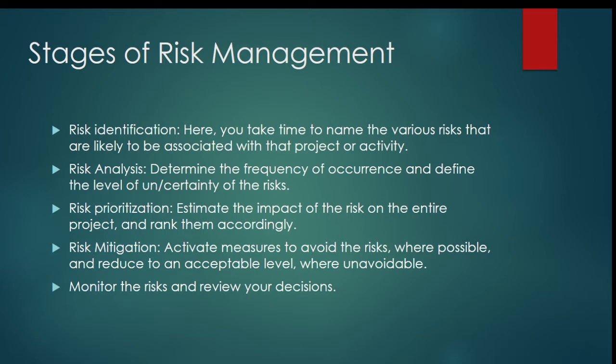How frequent do these things happen? And when they happen, what is usually the certainty of occurrence? What is the certainty that this particular thing is going to happen? And what are the things you can put in place to ensure that you reduce their occurrence or their impact, as the case may be?